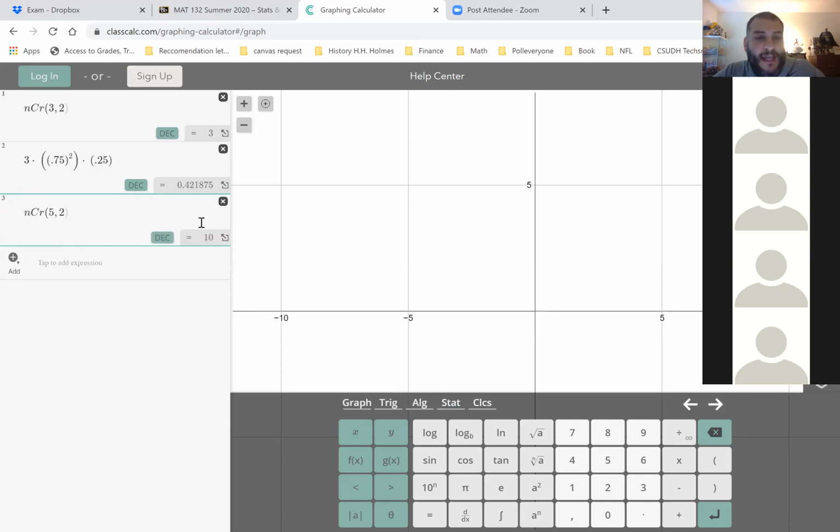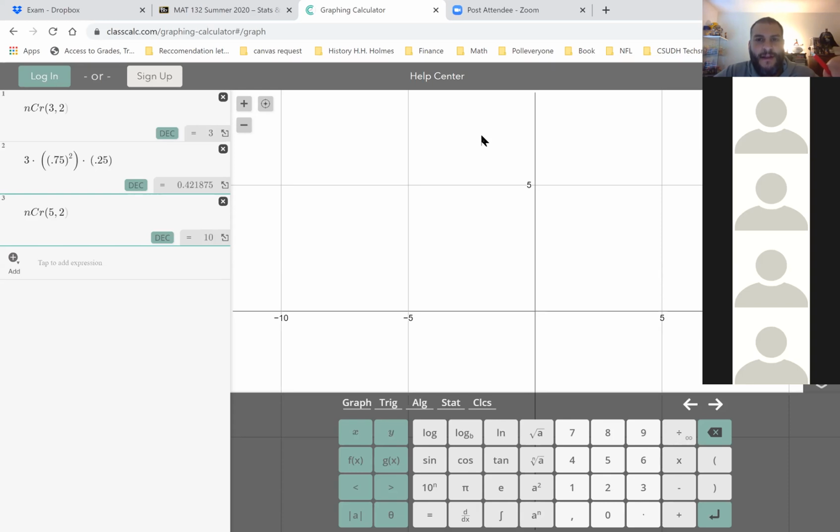If you look at that, it's just 10 different ways. So we'll put 10 multiplied by 0.58 to the second power, multiplied by 0.42 to the third power. So nCr of 5 and 2 gave us 10. That tells you there are 10 different ways where you can have 2 successes, so 2 children getting car sick, and the other 3 children not getting car sick.